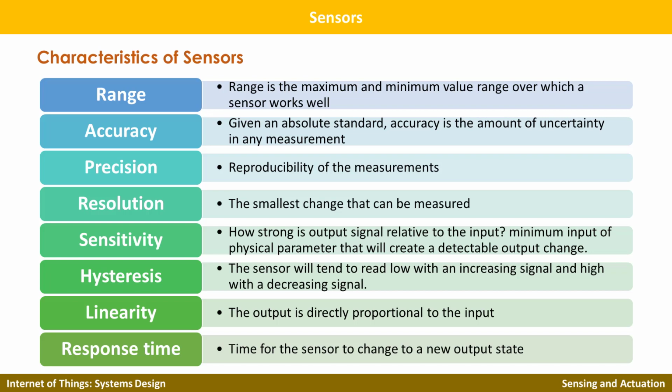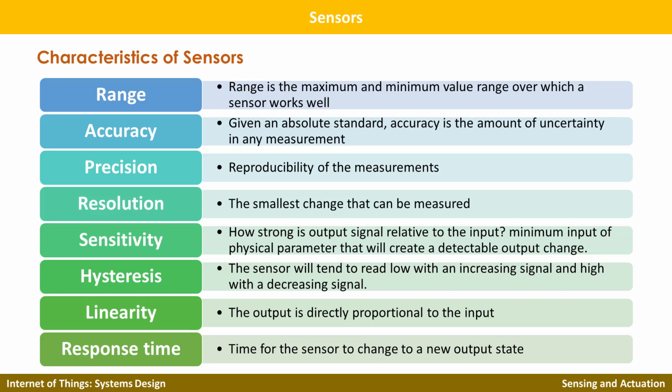So when you measure the same value a number of times, it will give you very similar or the same number. Resolution is the smallest change that can be measured by the sensor. It could be 0.1 or 0.01 or whatever the resolution or the smallest change.